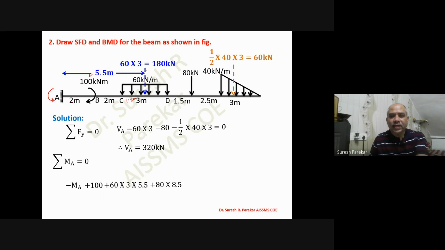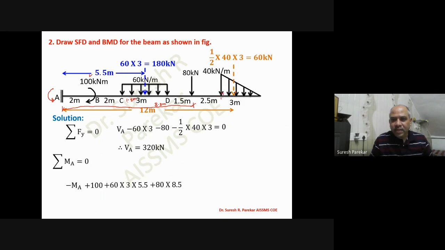Then 80 into 8.5. We have to consider this distance: 2 plus 2 is 4, 4 plus 3 is 7, and this 1.5. So we have this as 8.5 meter. And then last, due to the UVL, this will act at L by 3 from the right angle.